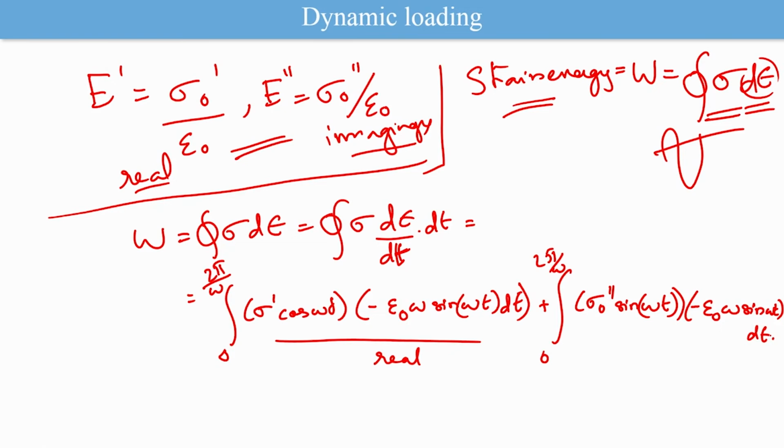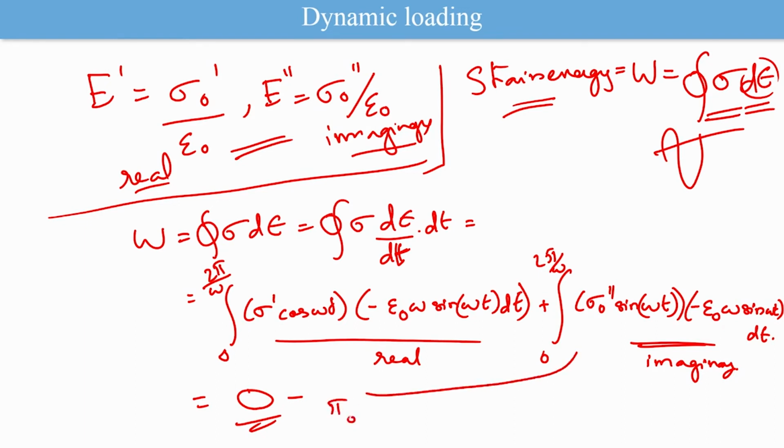When you integrate this, you will understand that this entire real part becomes 0. You know this mathematically, and this term comes out to be pi into sigma 0 double dash epsilon 0.